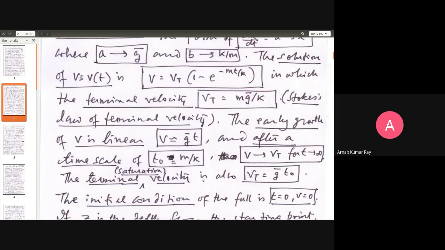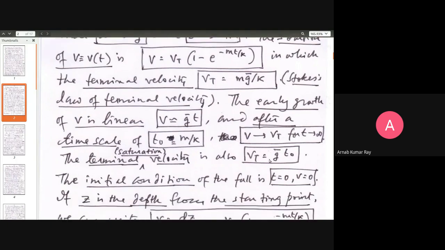And the terminal velocity could also be found from this formula, Vt is equal to g bar into t naught. If t naught is equal to m by k, then Vt is equal to g bar into t naught. So that's how you can write it.